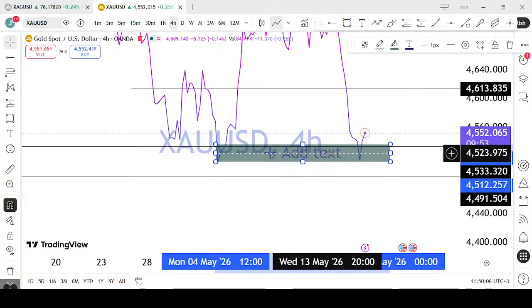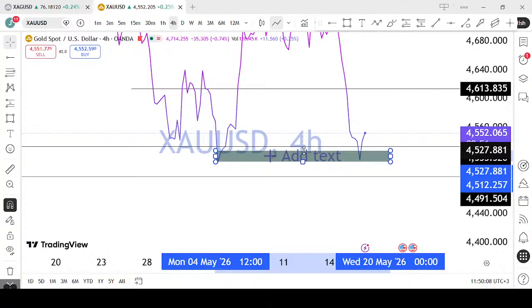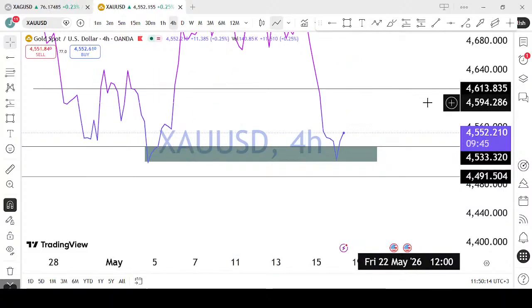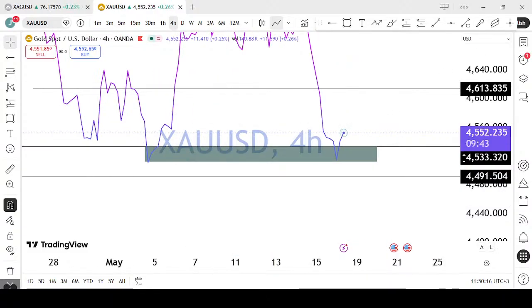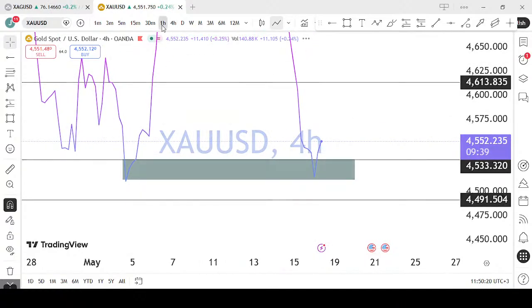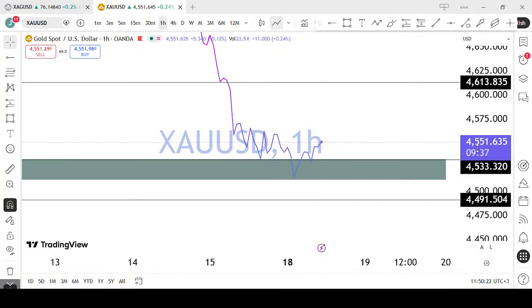So the only move considered is pushing up to this area. Let us look for a buying entry so that we can hold that buy.